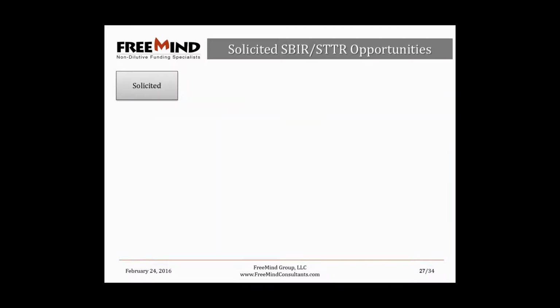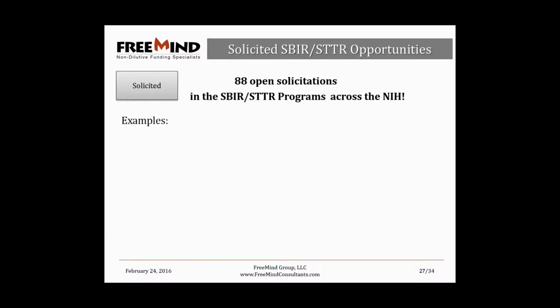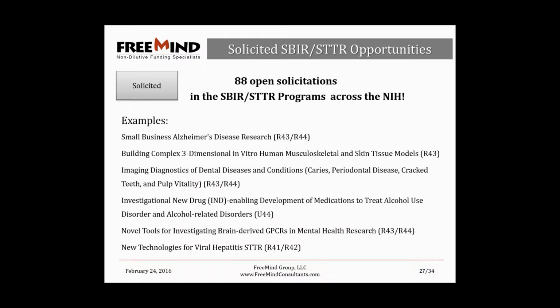Okay, so a bit about the solicited SBIR and STTR opportunities. There are currently, and this is true for yesterday, 88 open solicitations for the SBIR and STTR programs across the NIH. I actually found a few examples, but of course there are many. These are just to make sure that you see how diverse it is.